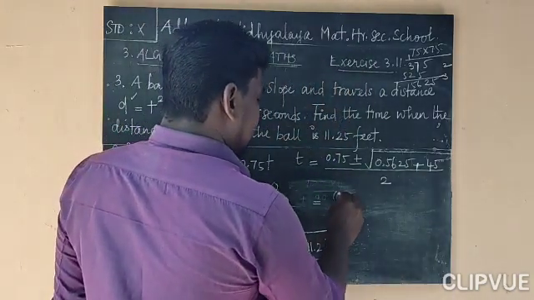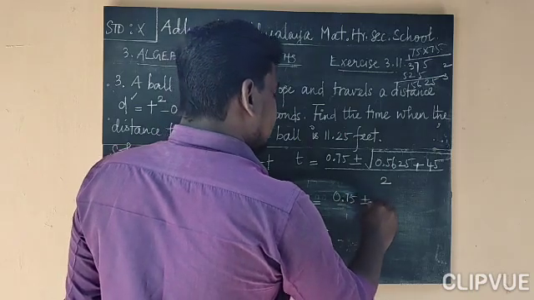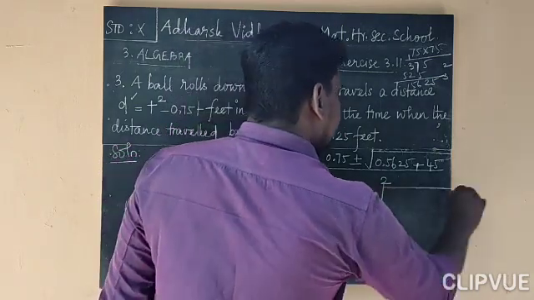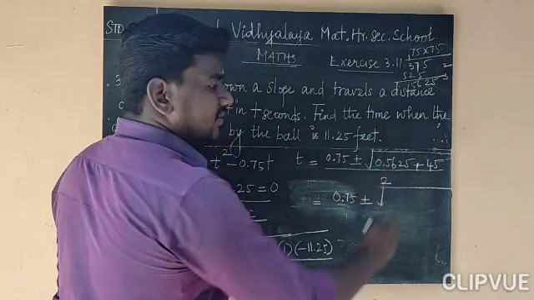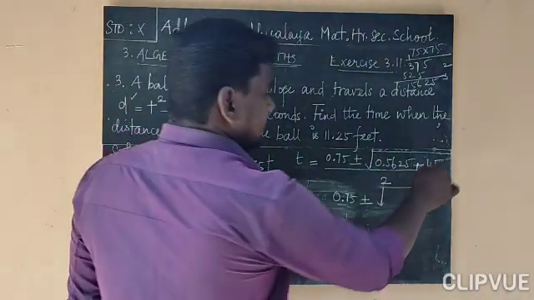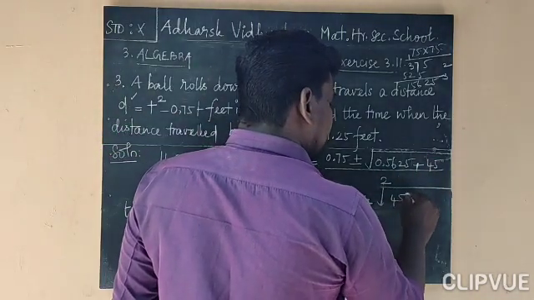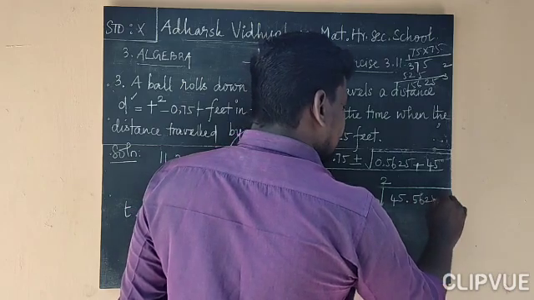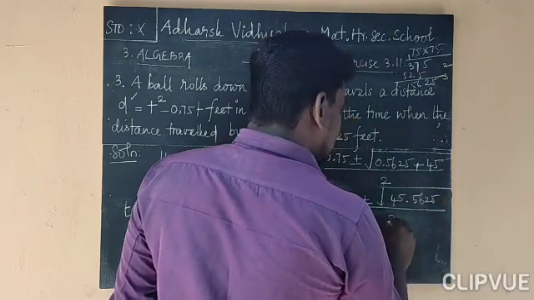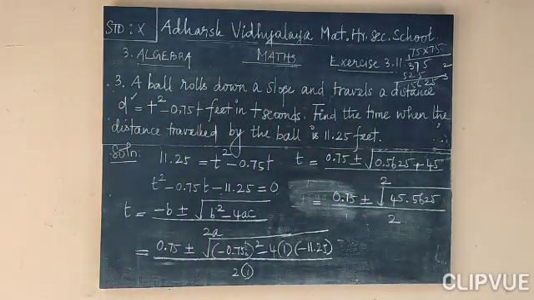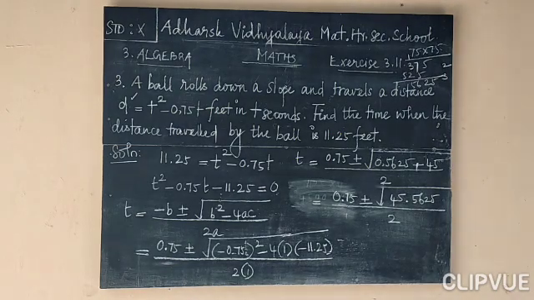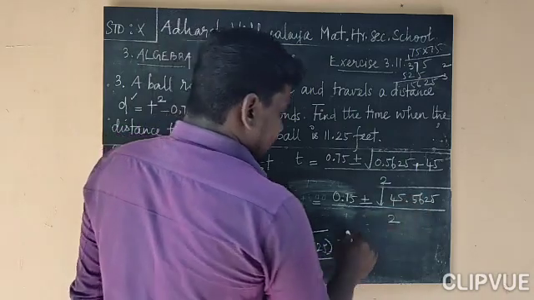So 0.75 plus or minus root of 0.5625 plus 45. So it can be written as 45.5625, whole divided by 2. You know how to find the square root?